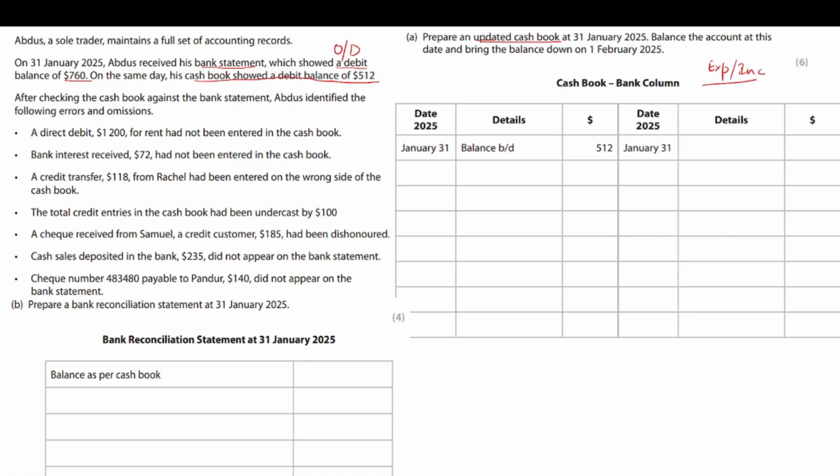So only those entries have to be posted in the cash book. So we will identify which entries need to be posted.